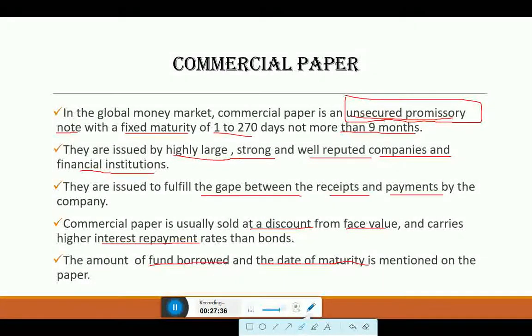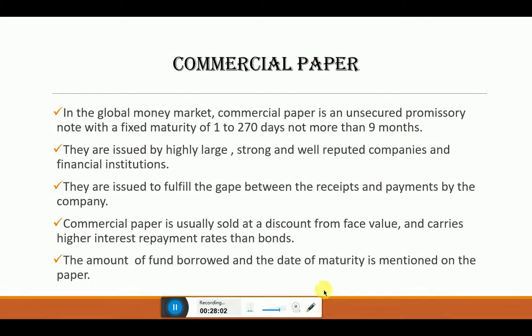So anyone investing in commercial paper will receive two types of return. Number one, discount from the face value. Number two, interest rates. And on the face of the commercial paper, how much money was borrowed by the issuing organization is also mentioned, and also the date of maturity is mentioned, right? Okay, let's see what is the next.